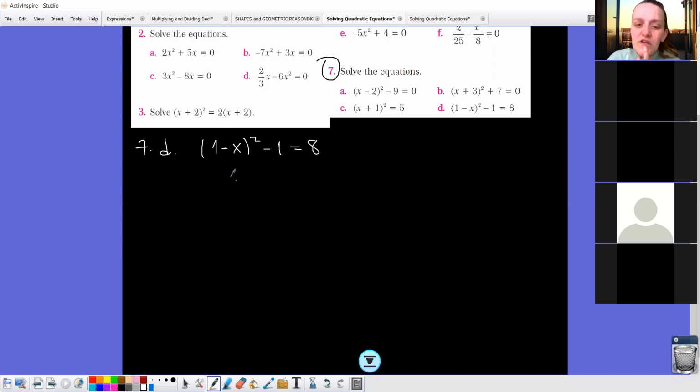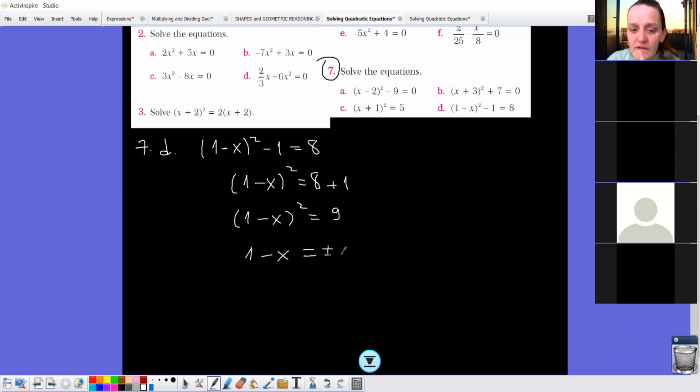So I will write (1 minus x) squared is equal to 8 plus 1, which is 9. If this squared is equal to 9, can I write that 1 minus x is equal to plus or minus root of 9?